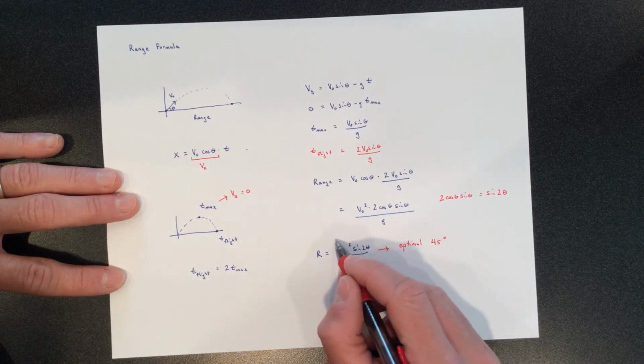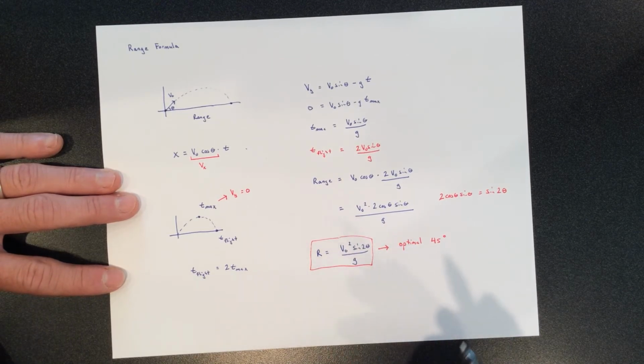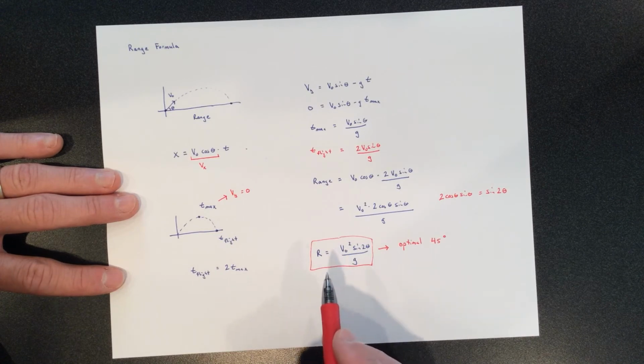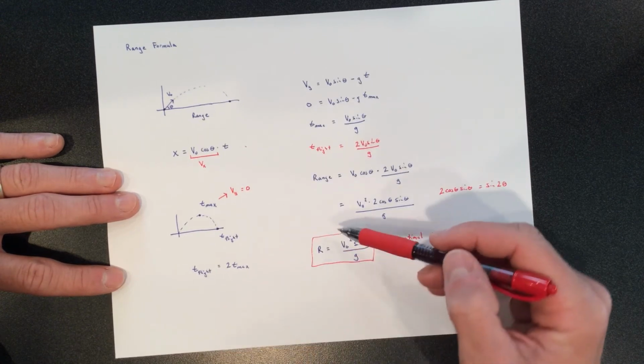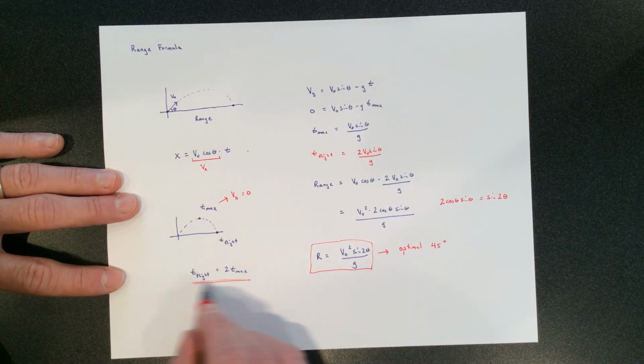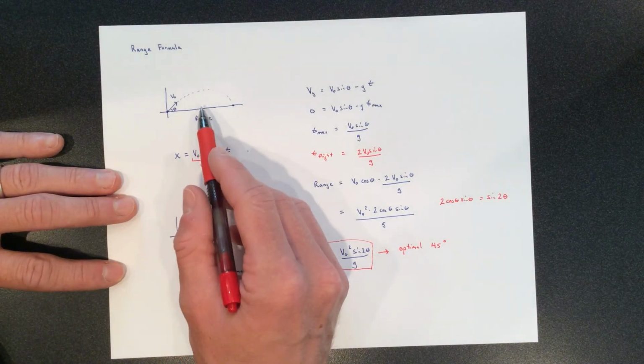So what we've done here is derive the range equation for projectile motion. Now, as a reminder, this can only be used based on the assumptions we built it from. If you remember, we built it using this, which is only true under symmetrical cases, meaning ground to ground.